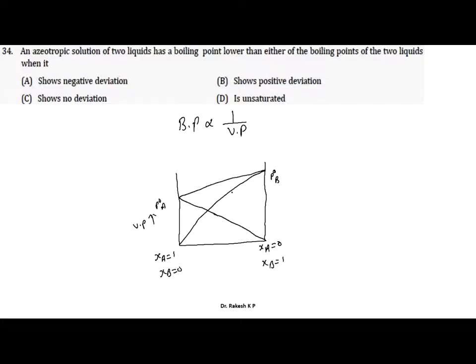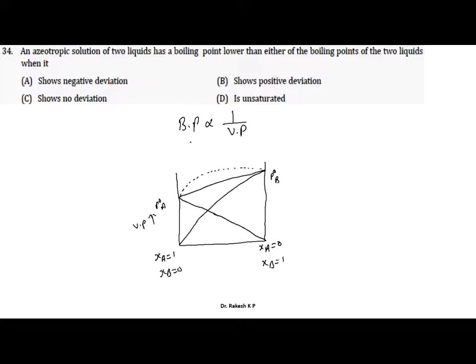Especially in this one, this is the ideal solution here. The two liquids has the boiling point lower than either of the boiling points of the two liquids. That means if the boiling point is low, vapor pressure is maximum. Hence, in the resulting solution, the vapor pressure you are going to get is above this one. So what you can identify above the solution shows the positive deviation.